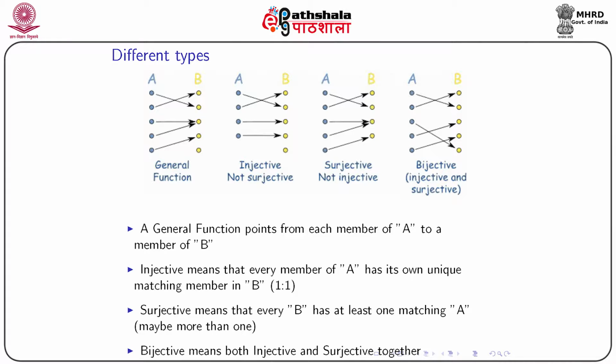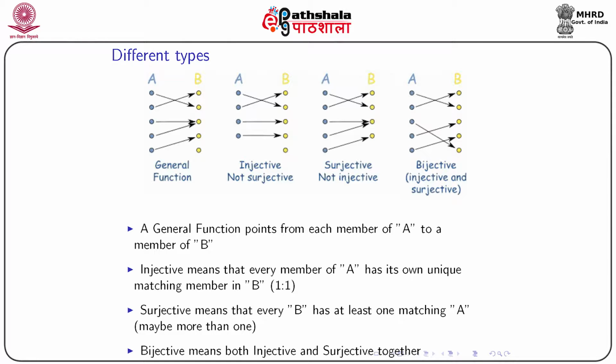So if you see, the first element in the set A corresponds to the second element in the set B, whereas the second element in set A corresponds to the first element in set B, third and fourth, and so on. So every member of A has its own unique matching member in B. This is called injective mapping and sometimes one-to-one mapping.